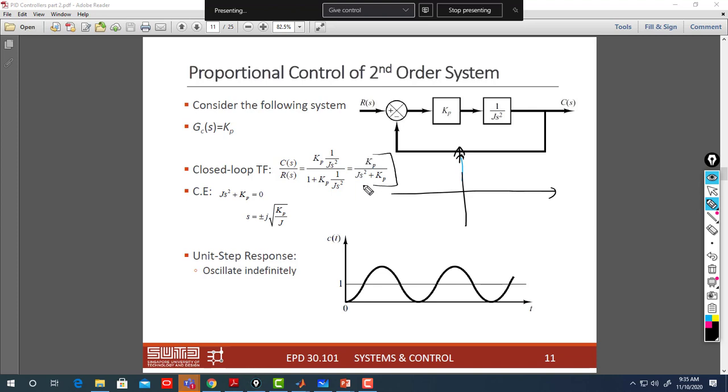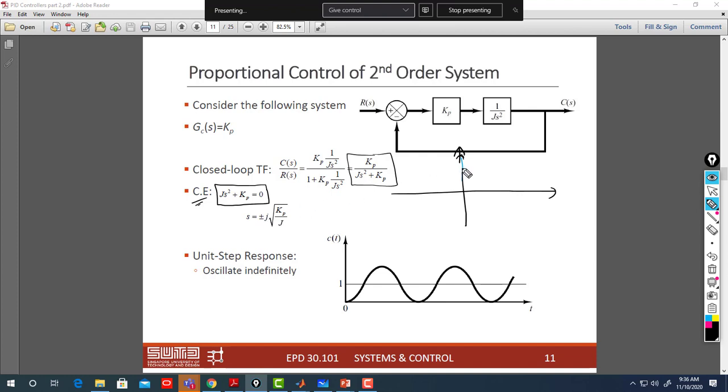We divide by J first, to write the characteristic equation. The denominator is your characteristic equation. Setting the characteristic equation to 0, you can get the two poles.